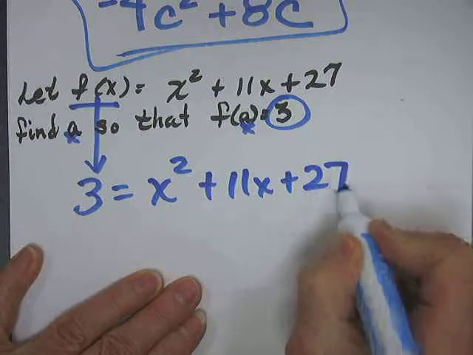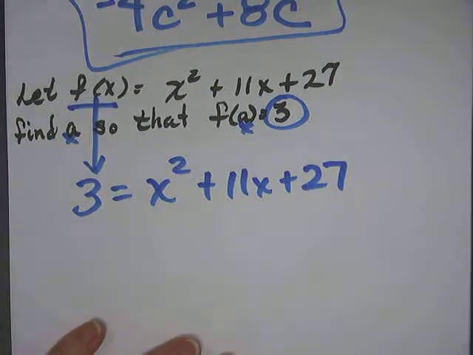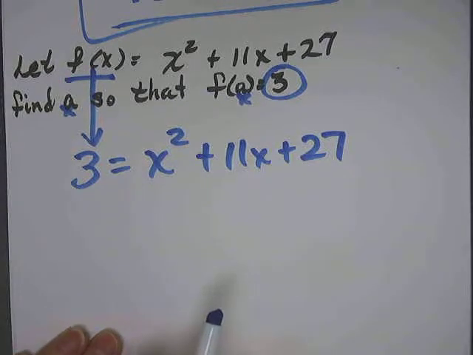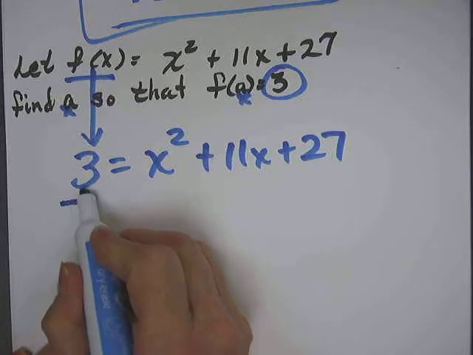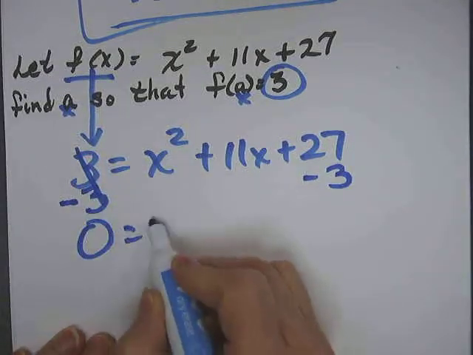Just assume this is actually an x and it's wanting f of x equals 3, okay? So find it where this is 3. So all you're going to do is put 3 here and write the problem down.